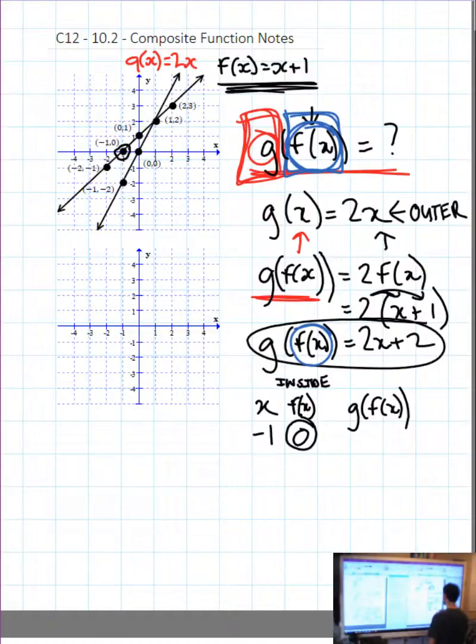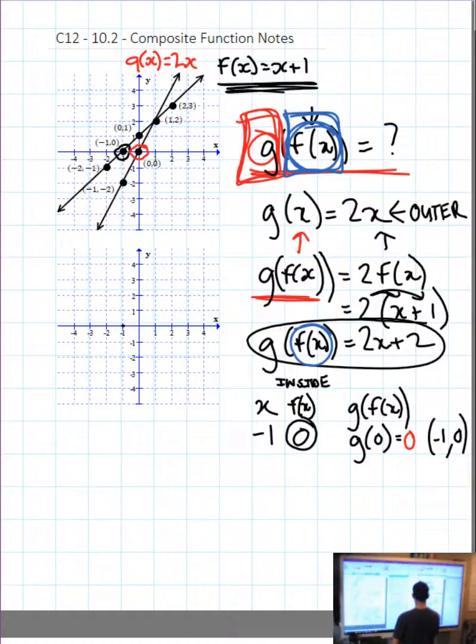So we're going to be substituting and finding out what g of 0 is. So g of 0, well, from the graph, when x is 0, y is 0. So it's equal to 0. Now the x value that we initially chose was -1. The f, the inside we got was 0, and g, the outside of that 0, is also 0. We can put a point on the graph. -1, 0.